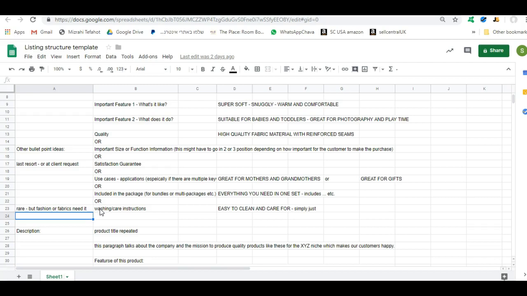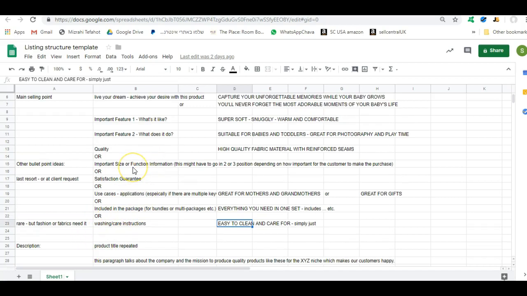For example, if it's easy to care for, or easy to wash, this might even be part of its durability. It could be, this can be machine washed, and the color won't fade, or something like that. So I've put here as an example, easy to clean and care for. Again, I would say this is less common to use.